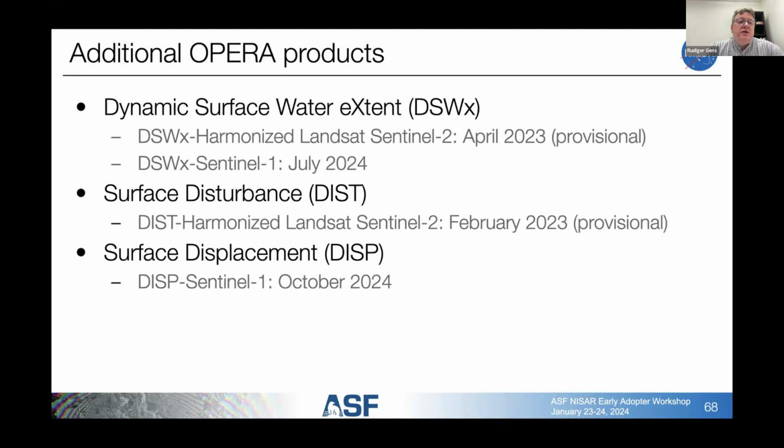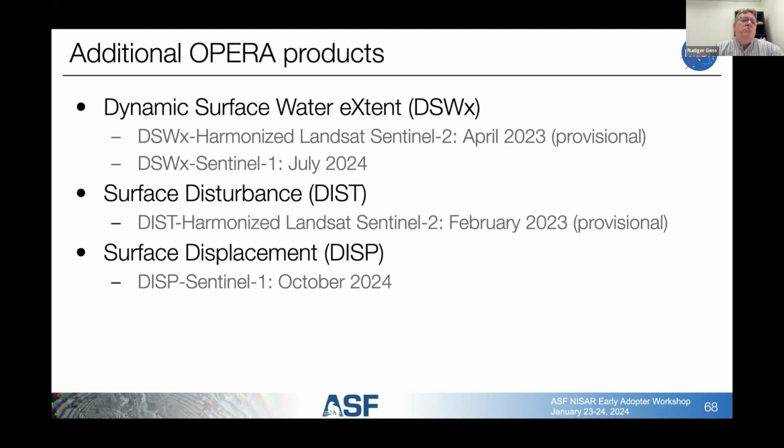And I think Eric mentioned that as well, there are additional OPERA products. There's the dynamic surface water extent. What is currently available is actually the harmonized Landsat Sentinel-2 data sets. This is not available from ASF, but from, I believe, PO.DAAC.